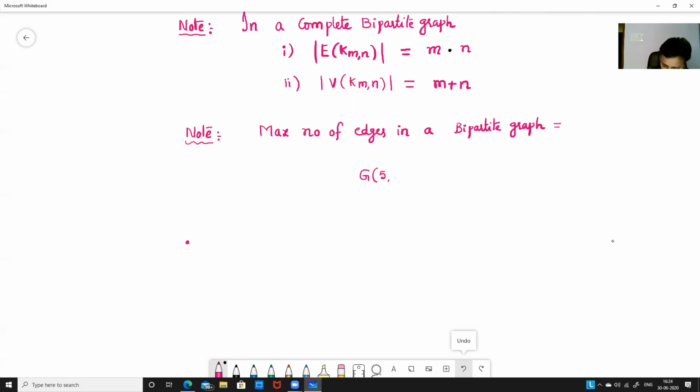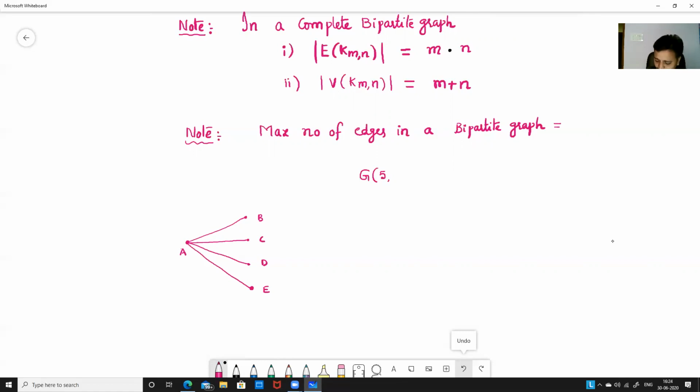Here it is one vertex, and the rest of the four vertices are here. Let me name them A, B, C, D, E. So A is associated with B, A with C, A with D, and A with E, which is a bipartite graph. Of course, it is a complete bipartite graph also.